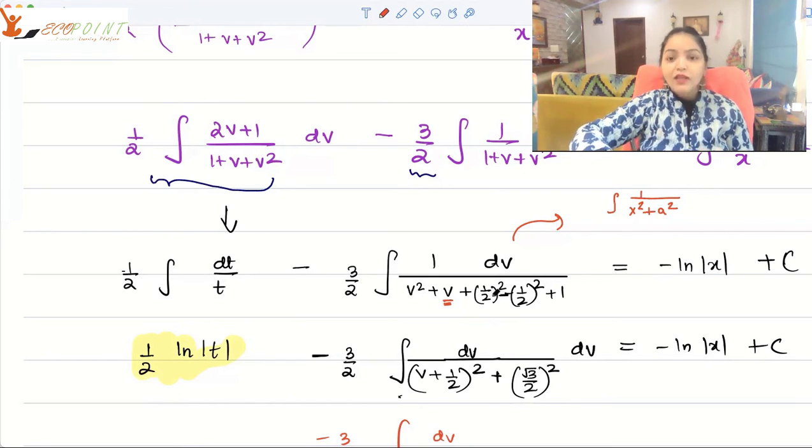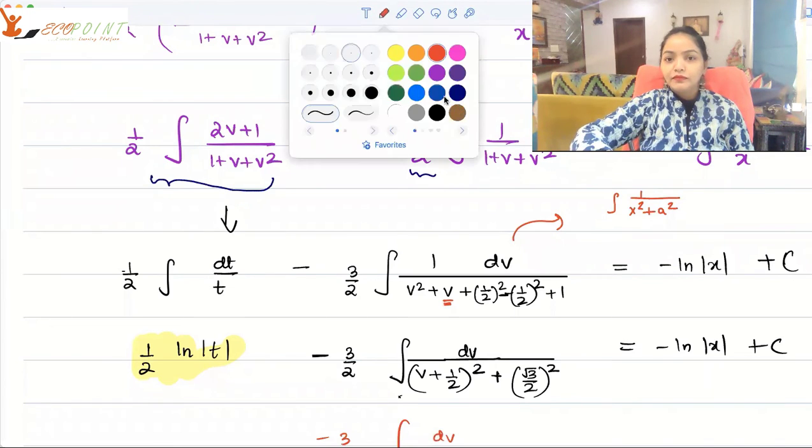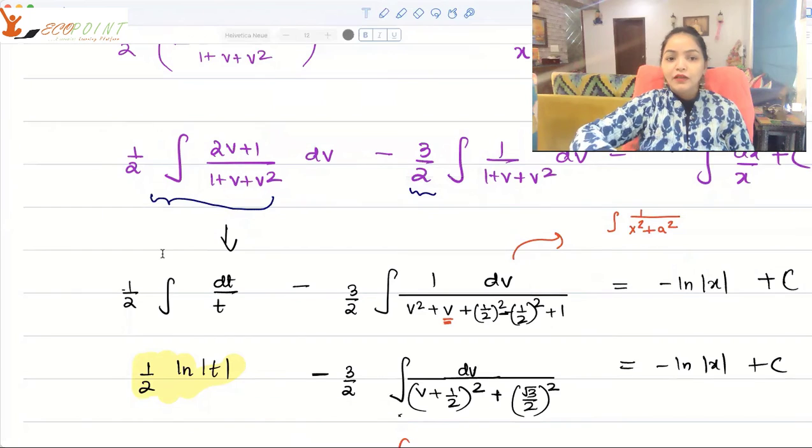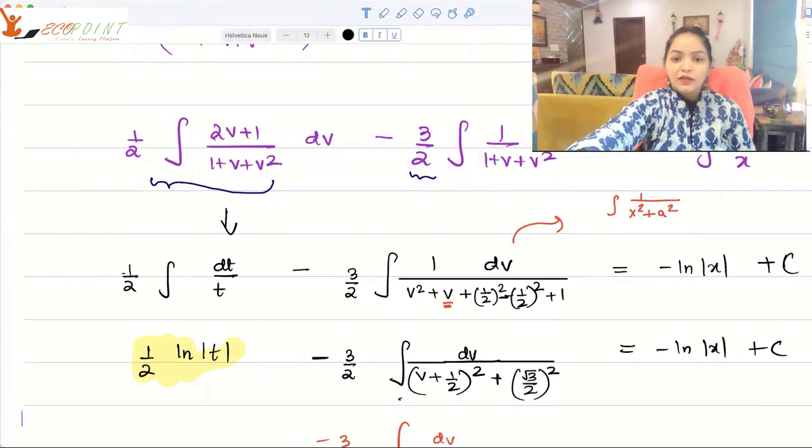So half square added and subtracted, and that's giving you (v plus half) whole square, plus 3 by 4, or you can say root 3 by 2 whole square. I've by mistake written dv twice. I've already written that in the numerator. Now I'll just concentrate on this term.